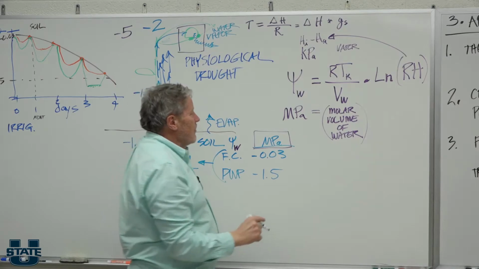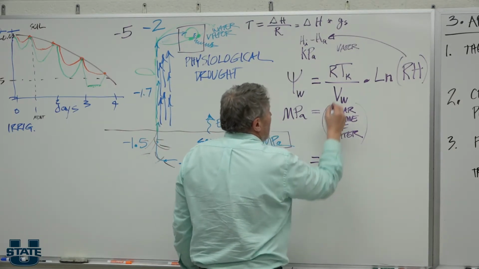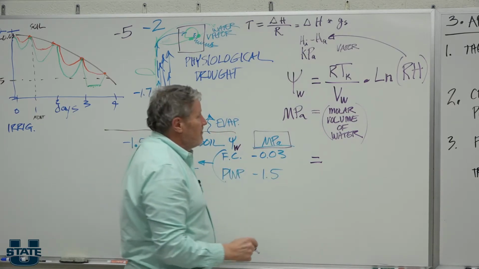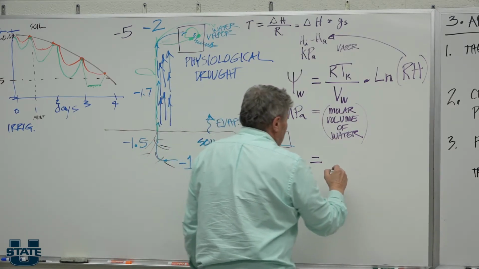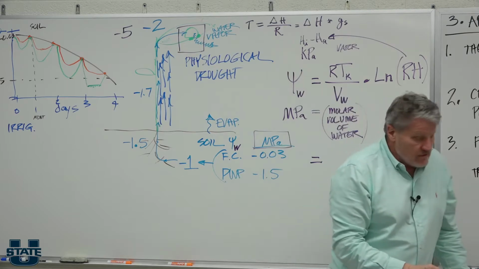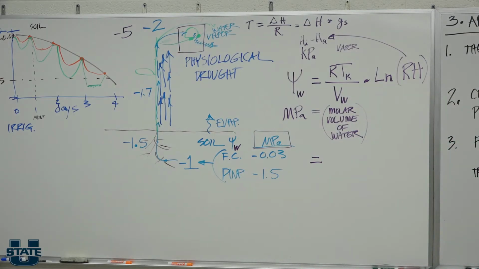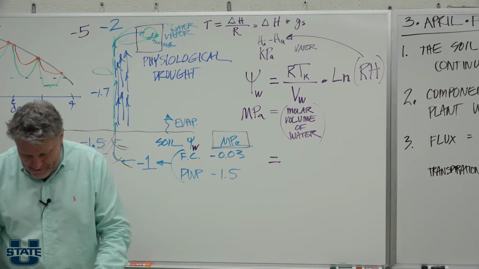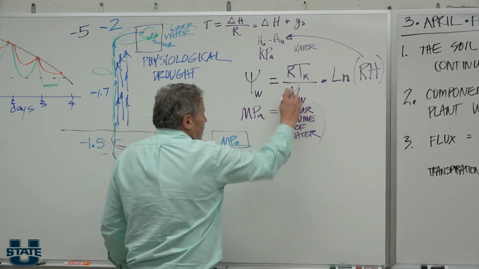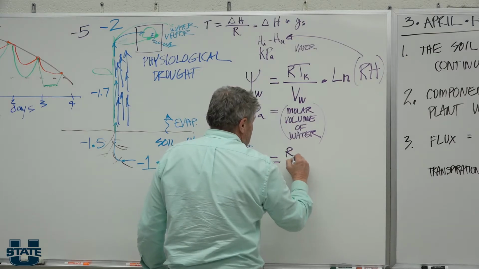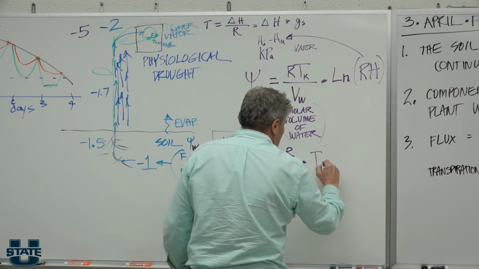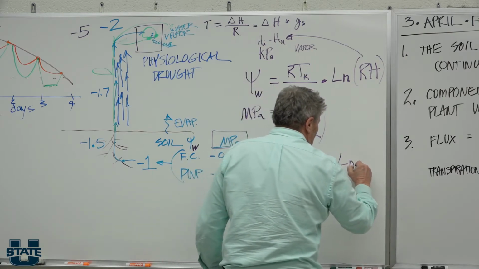Let's work an example, but very quick. R over VW times temperature Kelvin times the log of the humidity.